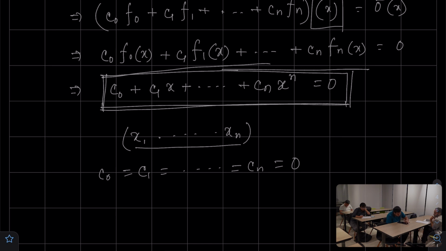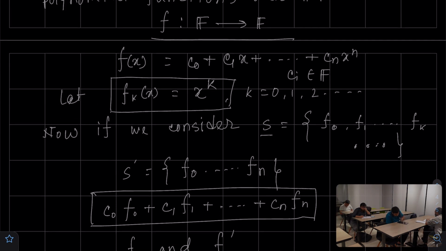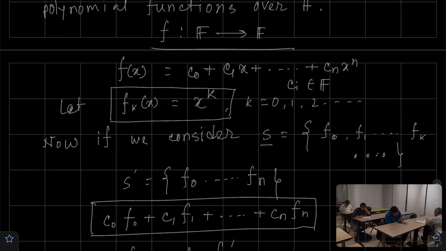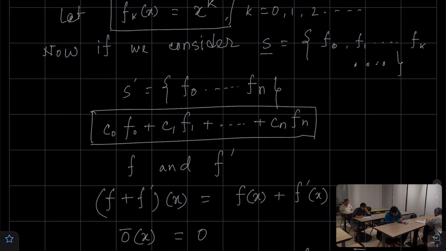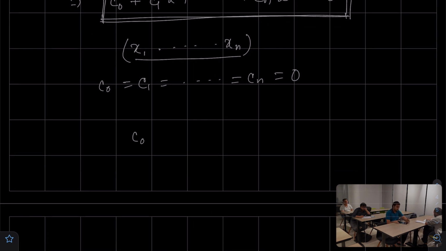Okay. So what Sir was saying is, why do I choose this set F0 to Fn? What if I choose some other set like F0, F3, F10, F100, F1000?